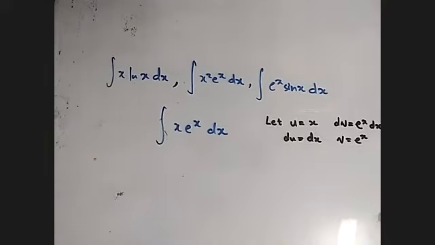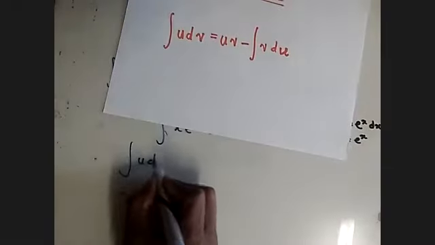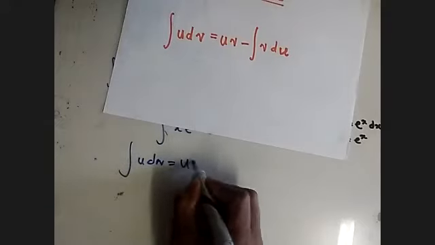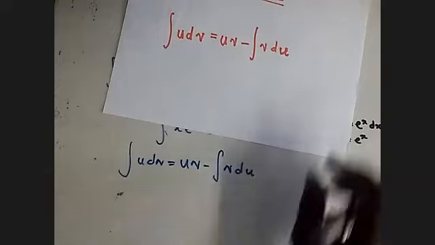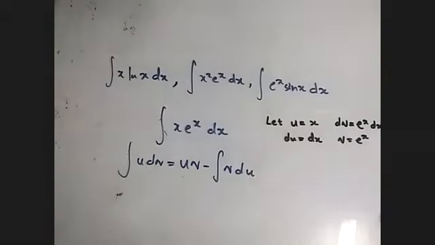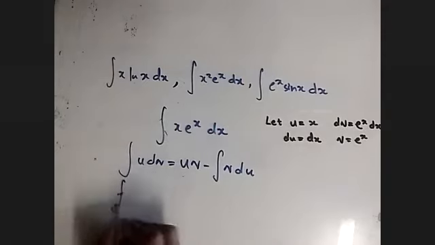So we are going to rewrite this equation: the integral of u dv is equal to u times v minus the integral of v du. So this is what we have here. What is our u?